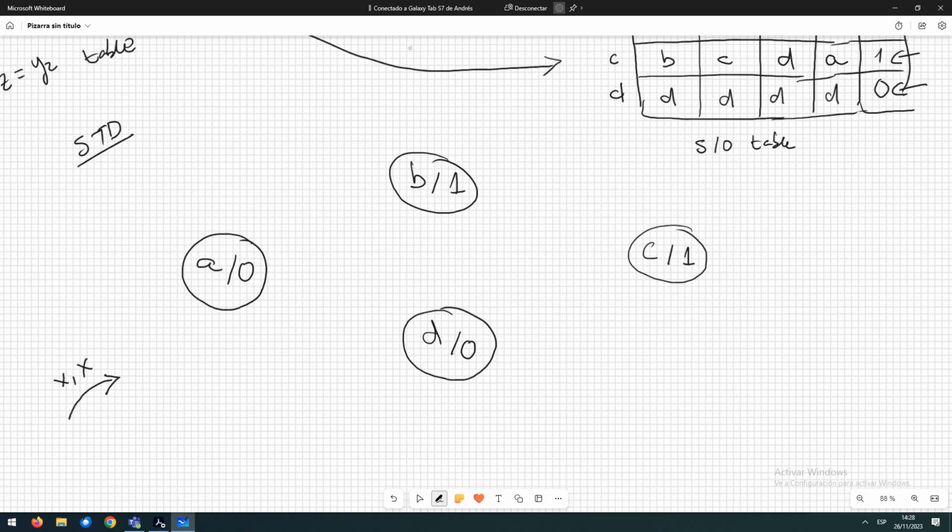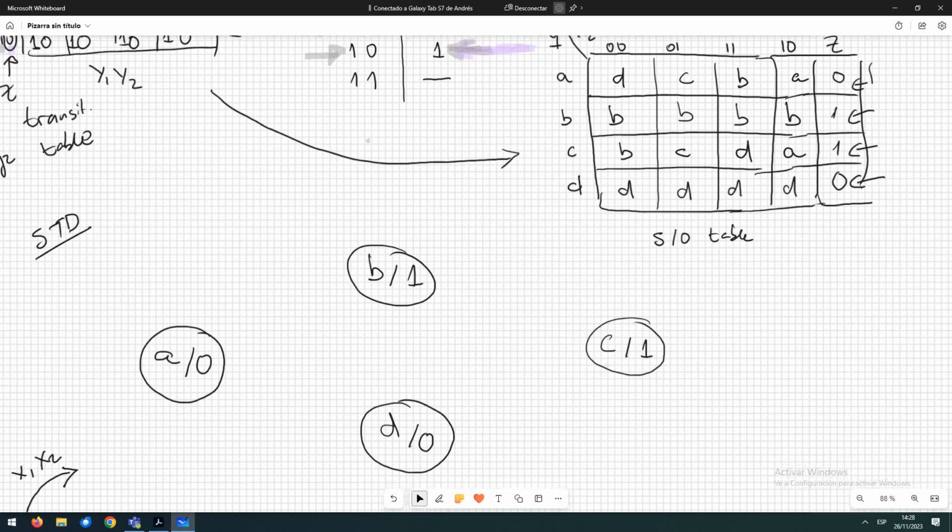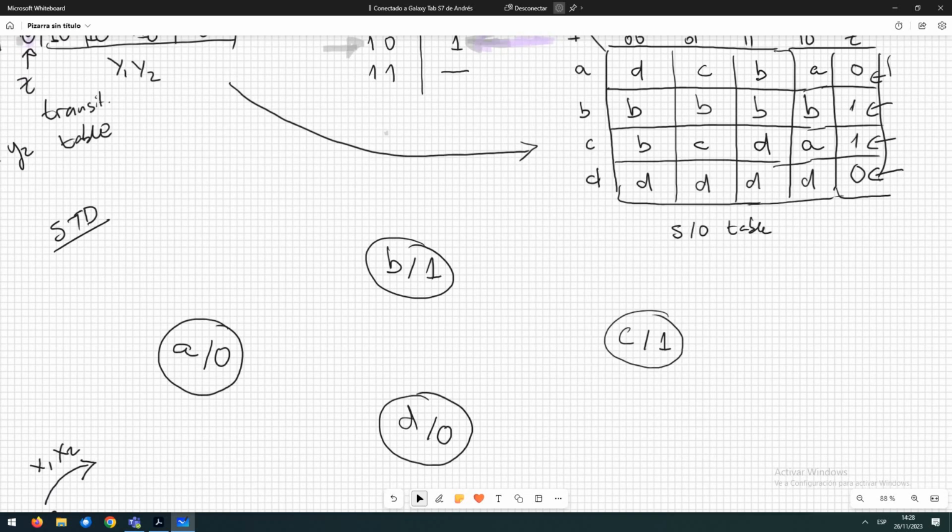Remember that you have to add this arc to show the reader the meaning of the arcs. So we can complete the state transition diagram just looking at the state output table. If we are in A and we receive a 0, 0, we go to state D. You can see it here.